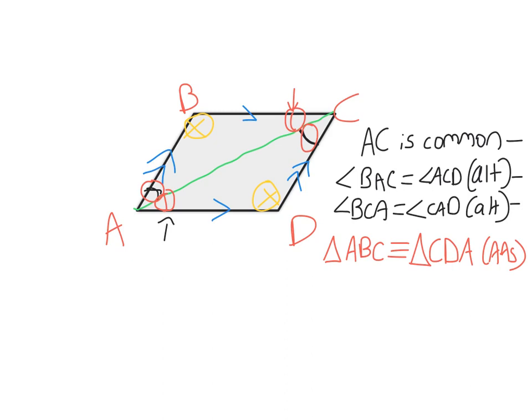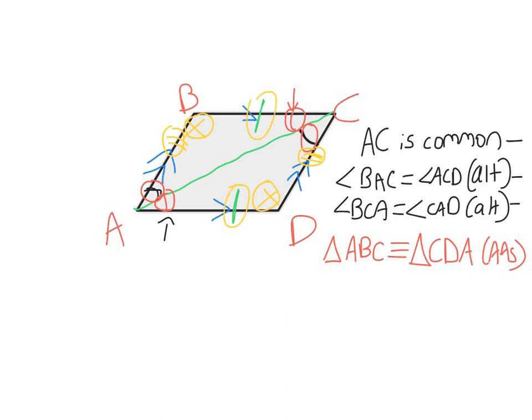Because the two triangles are congruent, this side here and this side here must be equal because they're corresponding sides of a congruent triangle. Similarly, this side here and this side here are equal, and the reason is that they're corresponding sides of a congruent triangle. So congruent triangles have allowed us to show that opposite sides in a parallelogram are equal.